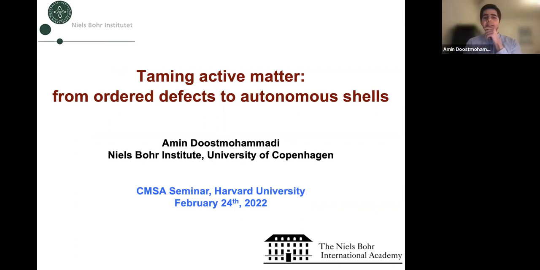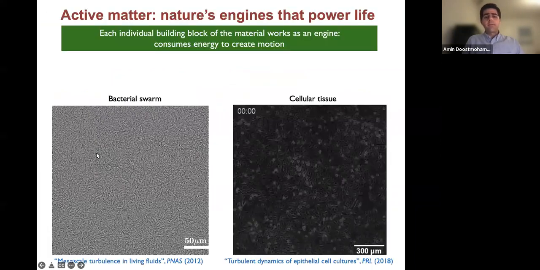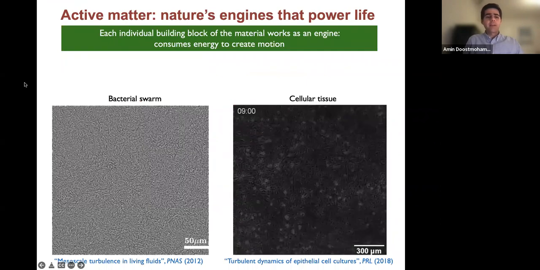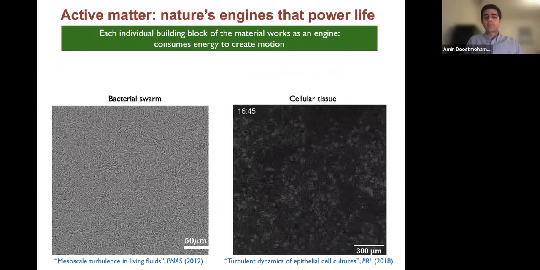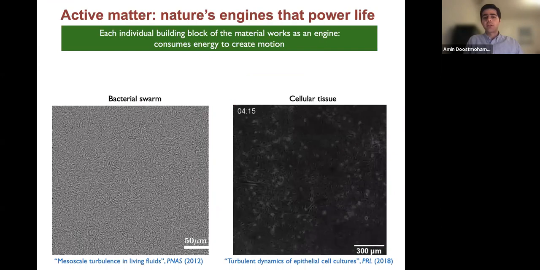Hello everyone, and thanks a lot, Farzan and David, for the kind invitation. I'll be talking, as the title suggests, about active matter, and just a few words on active matter. To me, fascinating examples of active matter are these bacterial swarms or these cellular tissues.